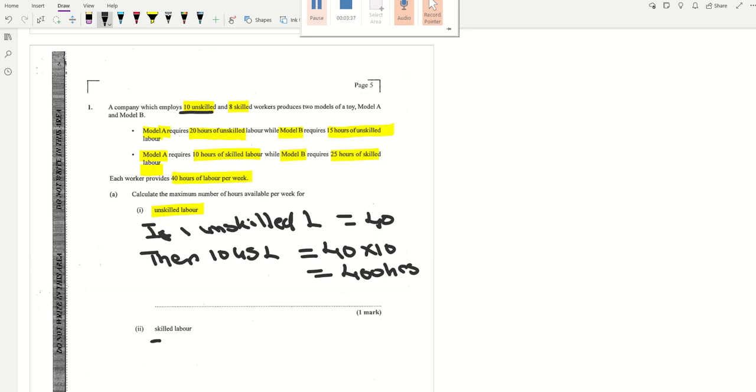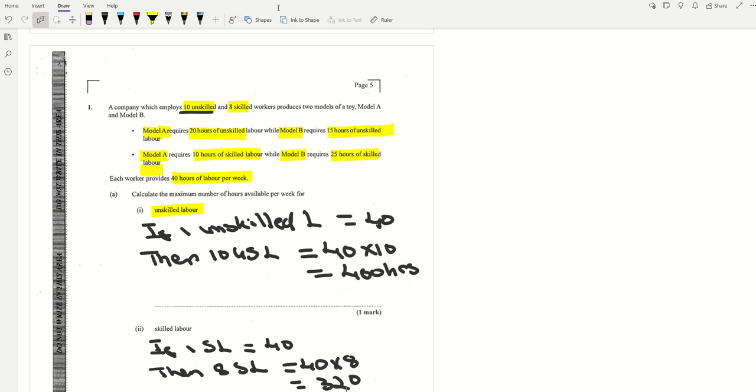For skilled, we know that if one skilled laborer is equal to 40 hours, then 8 skilled laborers or workers would be 40 multiplied by 8, which is equal to 320 hours.